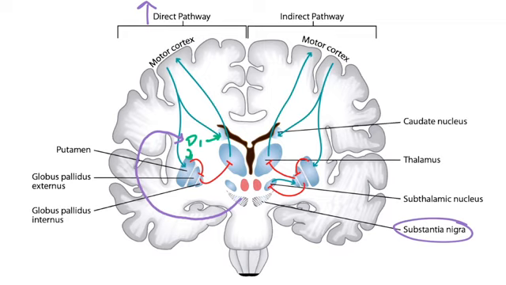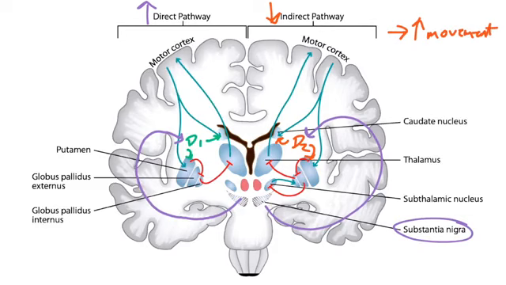At the same time, dopamine stimulates the D2 receptors, which are also in the caudate and putamen. Now when the substantia nigra stimulates the D2 receptor in the inhibitory pathway, it will cause decreased inhibition. So in other words, we will have decreased activity of the indirect pathway. So ultimately, the nigrostriatal pathway leads to increased movement.